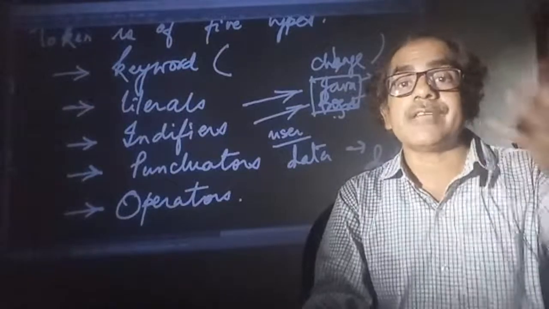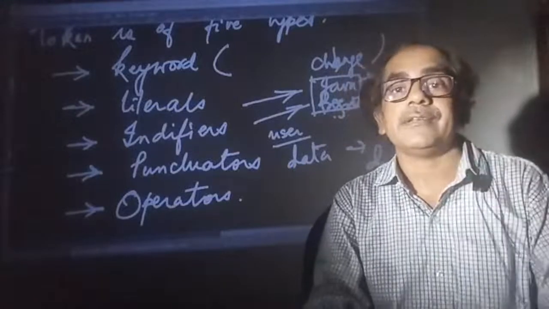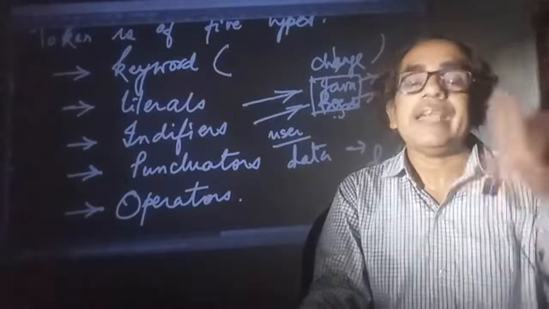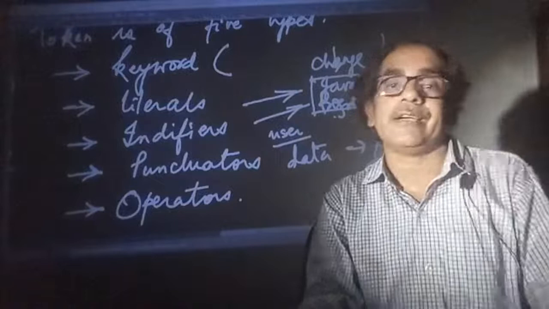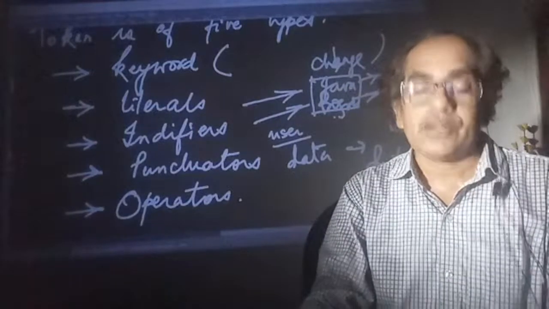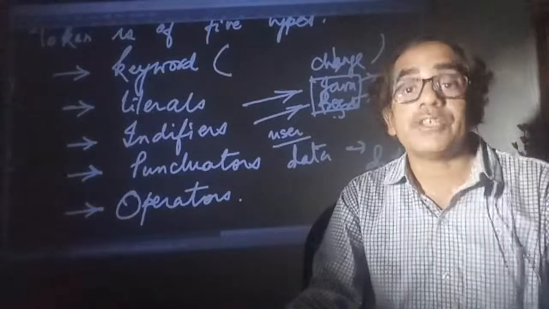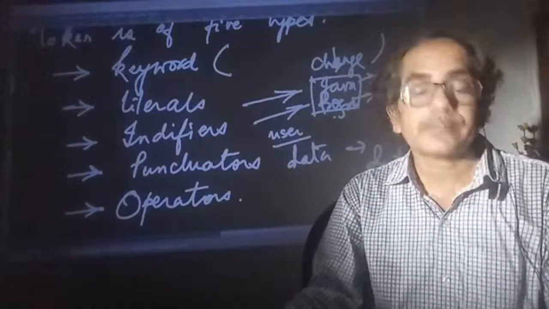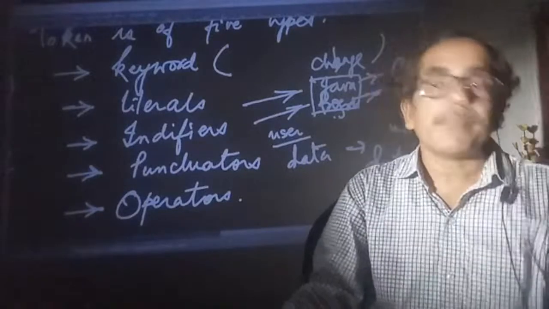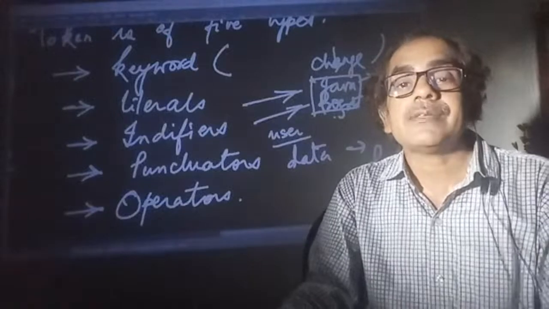So how is the user's data identified, what kind of user data is supported? Two main kinds: numerals, digits or numbers, and alphabets, words, names.